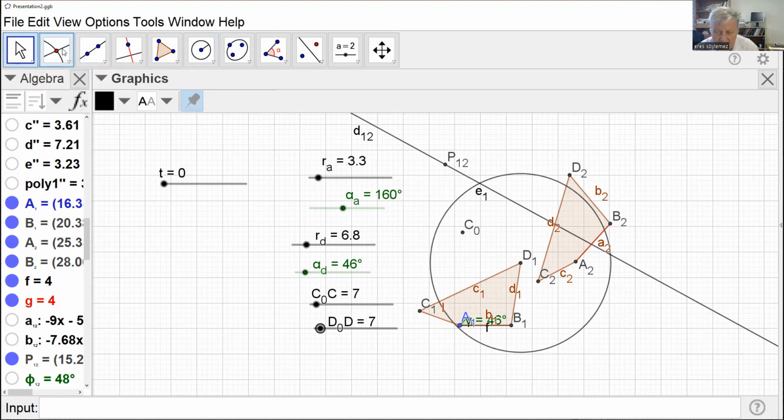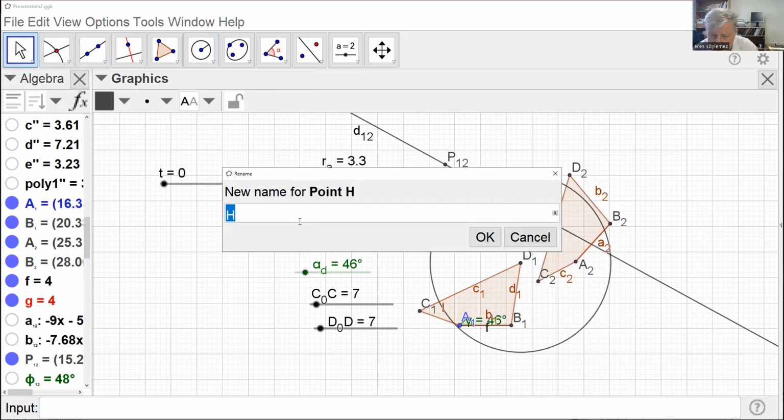Then I select this point and rename it as D0.